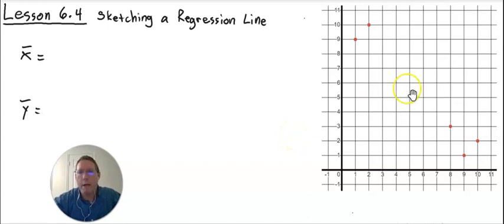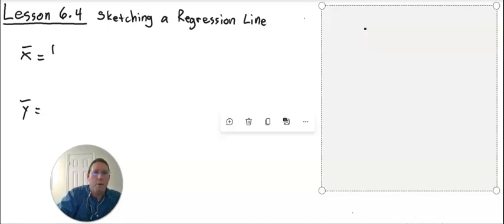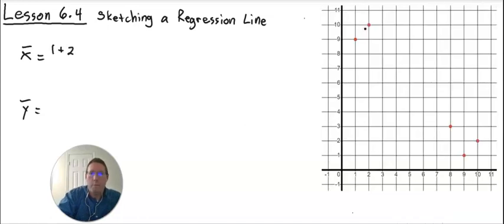We've got a scatter plot here, and we want to identify the mean of the x coordinates and the mean of the y coordinates. So it looks like here's an x coordinate with 1. Here's an x coordinate. This one has an x coordinate of 2, so that's a 1 plus 2. And then this point has an x coordinate of 8, this one has an x coordinate of 9, and this one has 10.